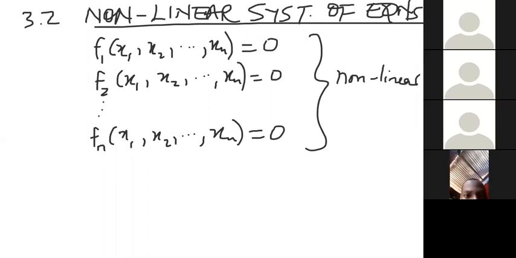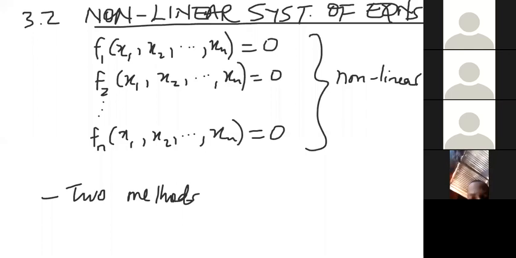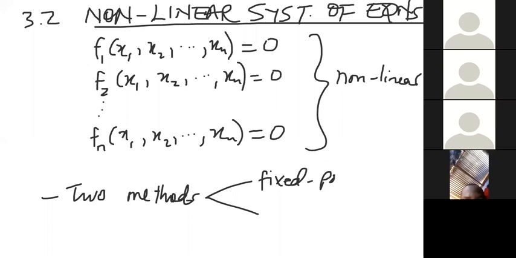Okay, so even in this case, we expect to have the number of equations equal to the number of variables, right? And to solve this system, we'll look at two methods. These methods are somehow similar to the ones you looked at when we were looking at the one variable case. So we'll look at the fixed point method and Newton's method.